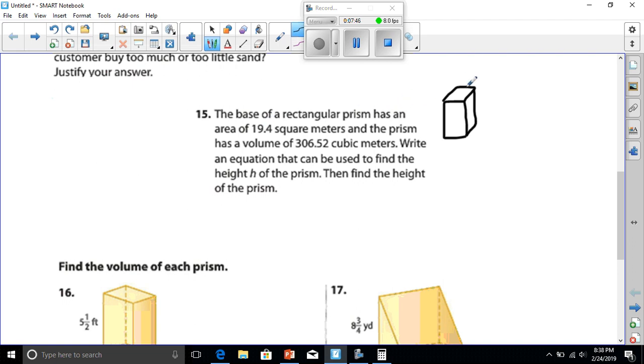That means they're saying that this area, they've already made sure that it was 19.4 square meters, so meters squared.